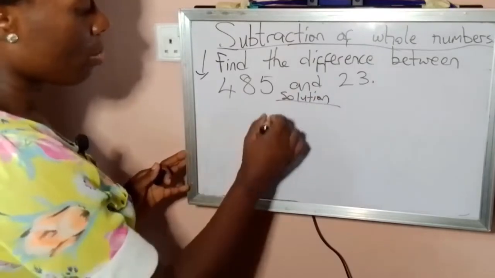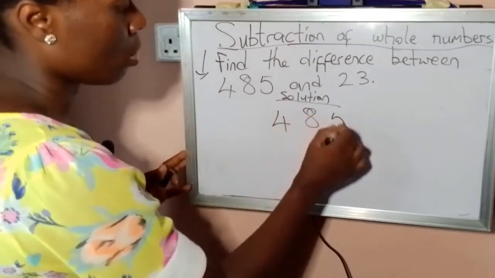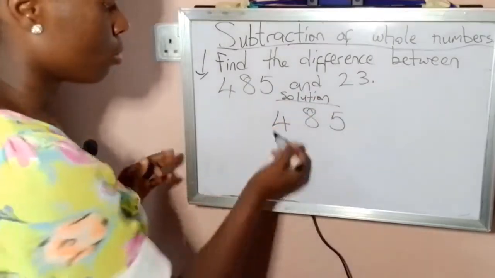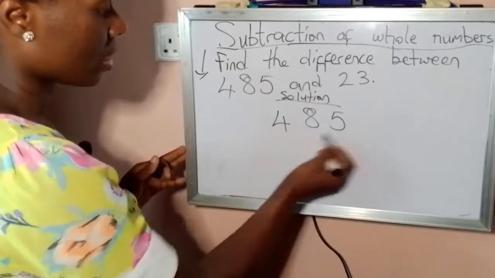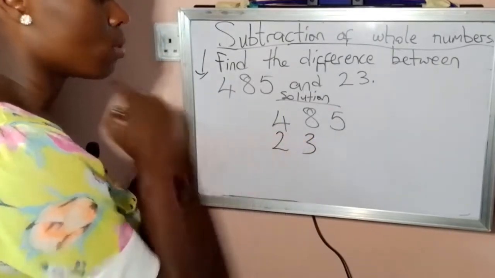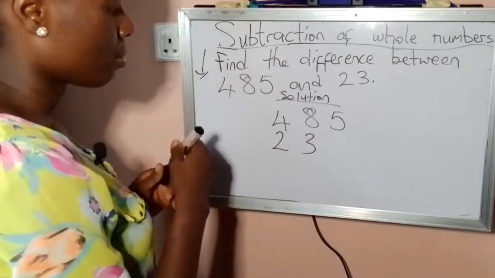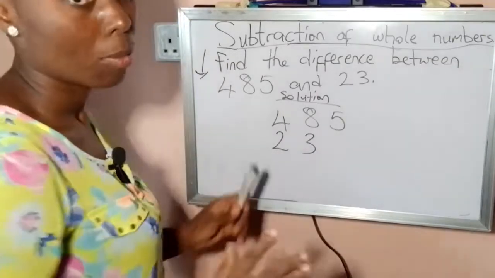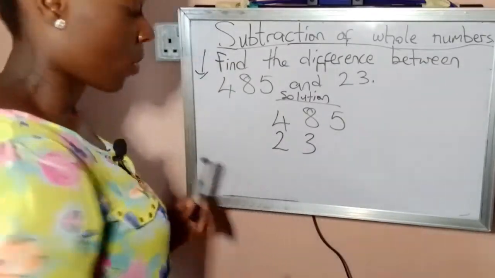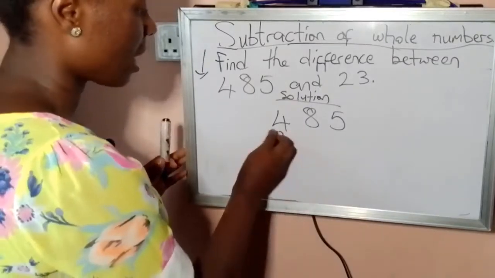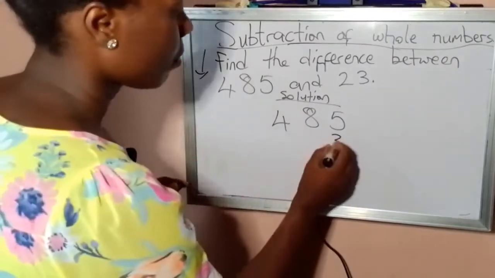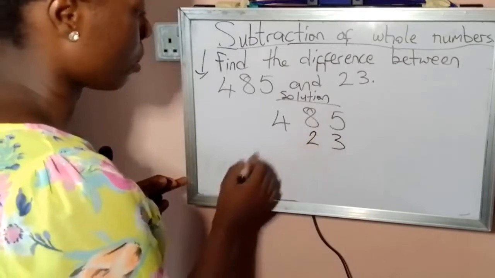You arrange your numbers according to place values. Don't write it like this, 485, and you write 23 here. No, it's wrong. Always place your numbers according to their place values. So 3 should be under the unit position and 2 should be under the tens position.